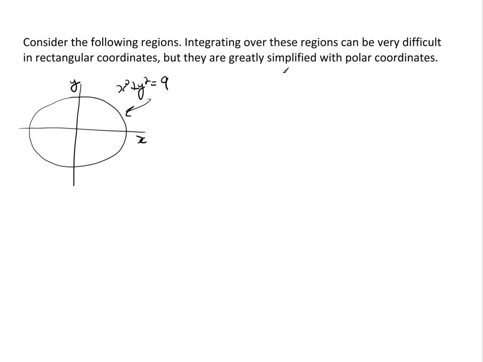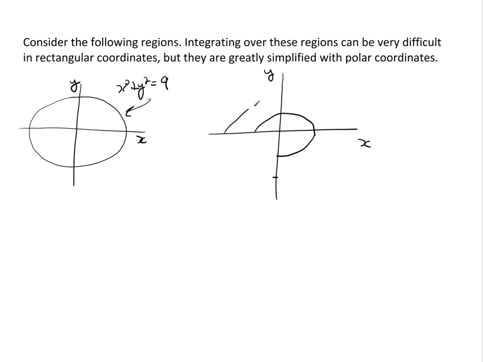Also, suppose I had a region that looks something like this. Keep in mind I'm looking down at the xy plane. So perhaps something like this. Oops. That's supposed to have the same radius, although it's not quite the way I actually drew it. Let's see if I can fix that. Yeah, something like that.